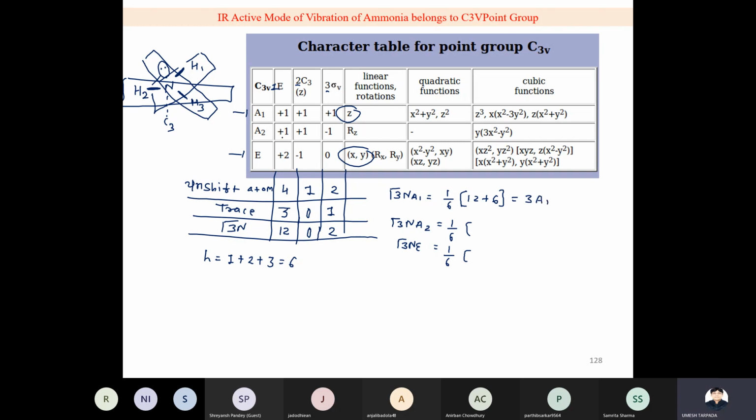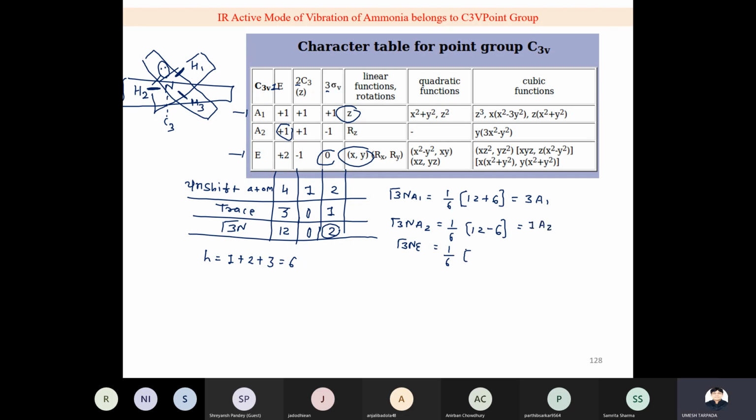Now for A2: 12 into 1 into 1, that is 12. Then here it is 2, so 2 into minus 1 into 3, that is minus 6. So it's 6 by 6, that is 1, so 1 times A2.